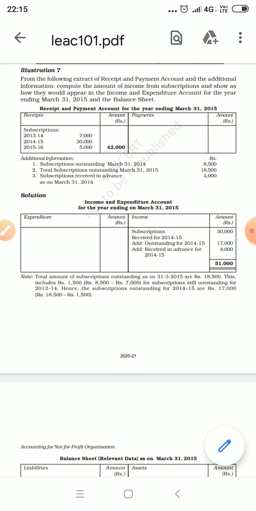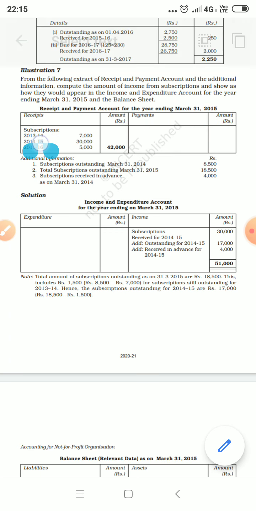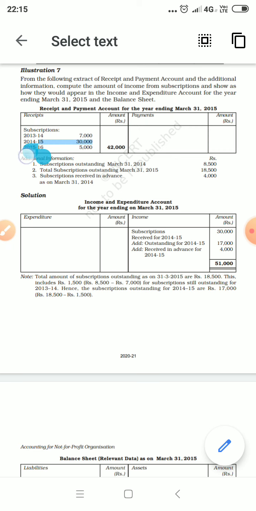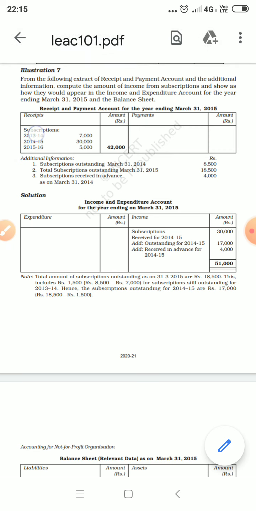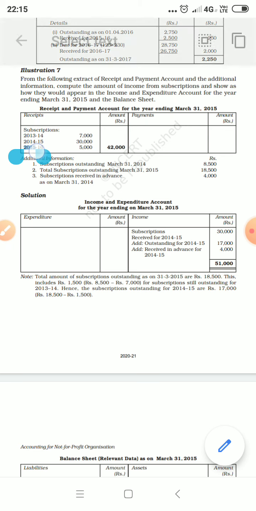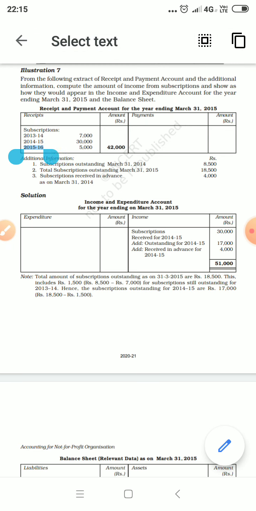Now for subscription outstanding, first you have to see what is previous year, current year. 2014-15 is current year. So you can write with pencil here CY in the middle column. Then 2013-14 you can write with pencil PY, previous year. And 2015-16 you can write NY, next year.